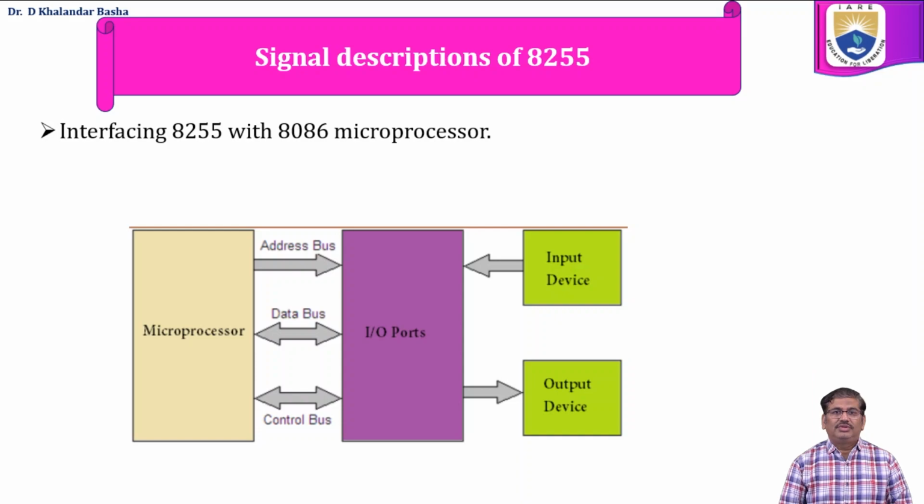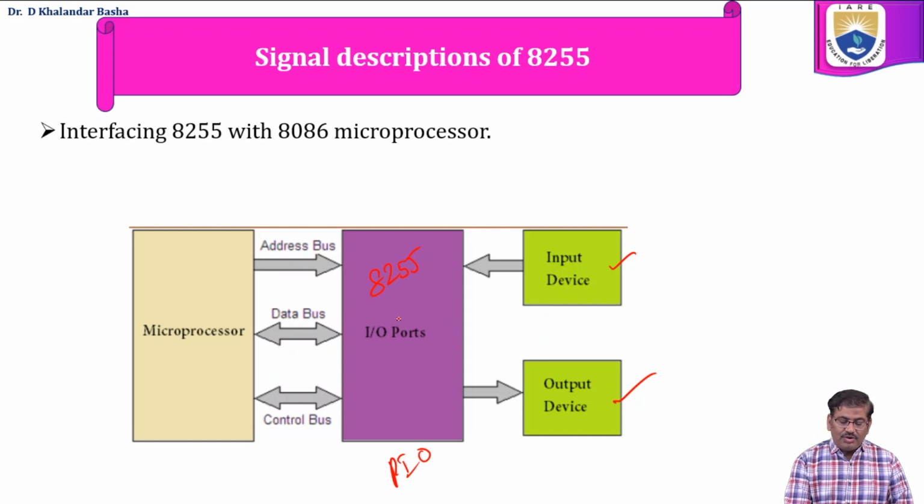Now we will see a typical interfacing system of an 8255 with an 8086 processor. Whenever the microprocessor wants to communicate with an input or output device, we don't have a direct connecting facility to the 8086 processor. So in between, we place the 8255, which is a programmable peripheral interface or programmable input output device, where from the microprocessor to the PPI we have address lines, data bus and some control signals, like write bar and read bar signals.